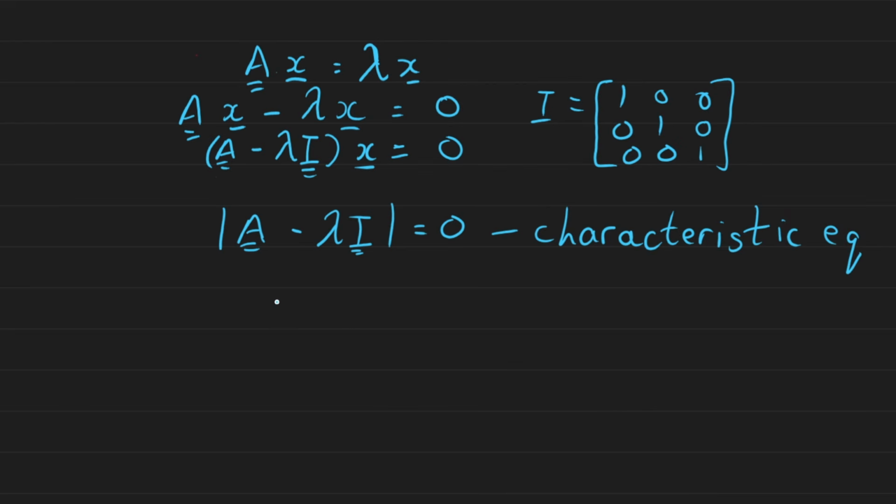So the question can be: find the eigenvalues and eigenvectors of A, which is the matrix 3, 0, minus 1, 4. And that was our original problem that we had just considered.